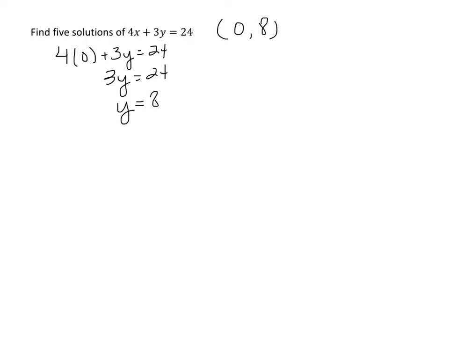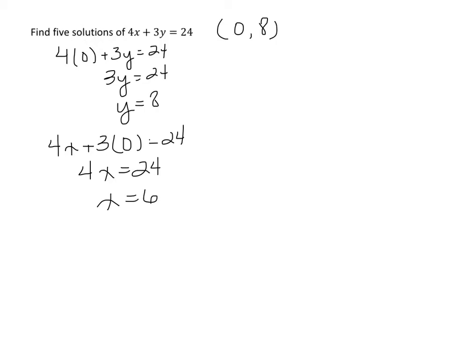I can also put in 0 for y, so another solution is the point 6, 0. These are both pretty important because what we've got here is a y-intercept and an x-intercept.